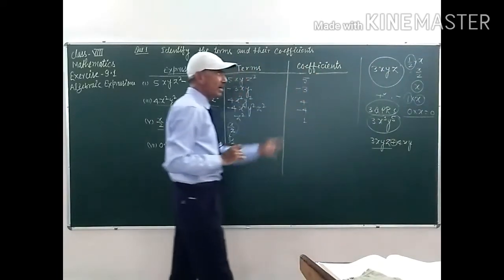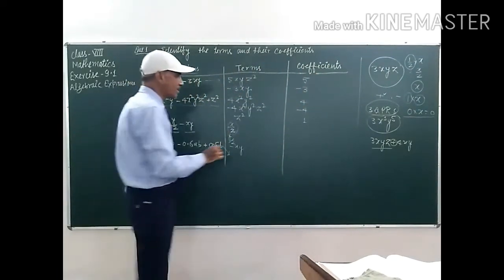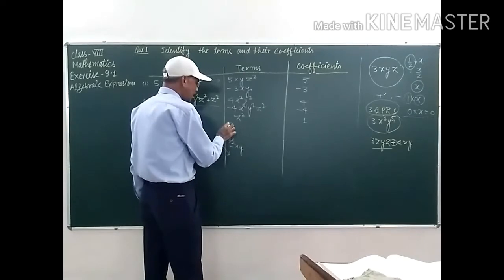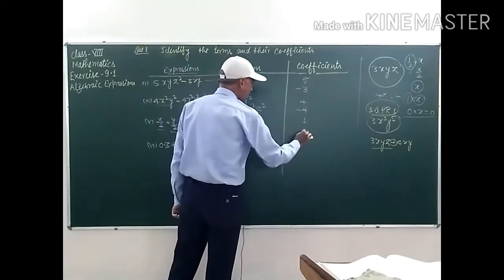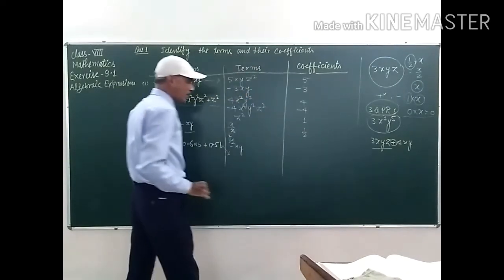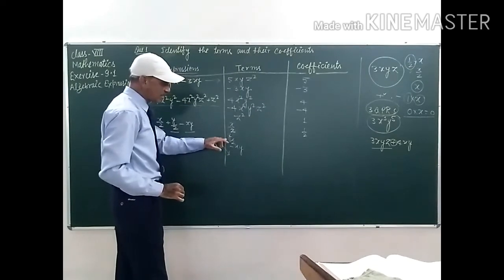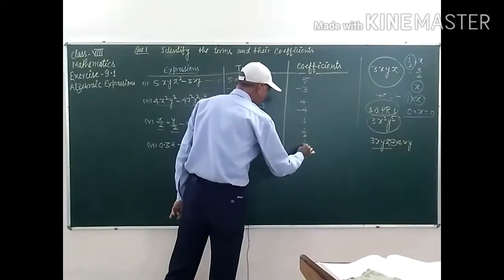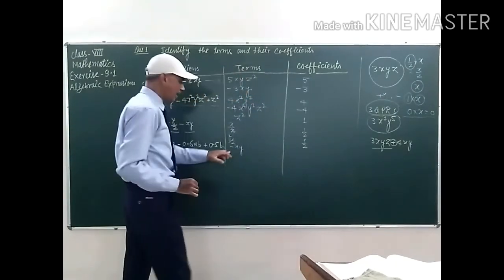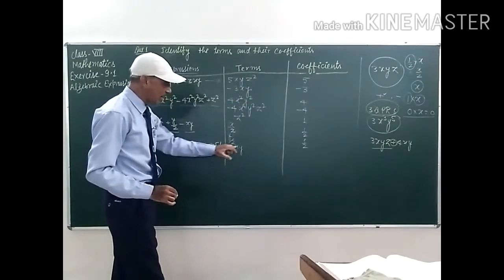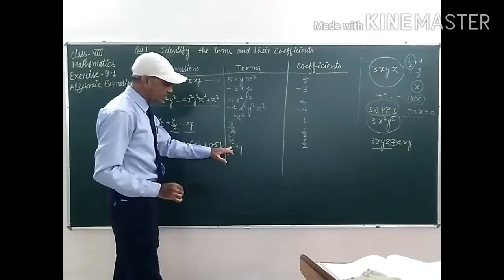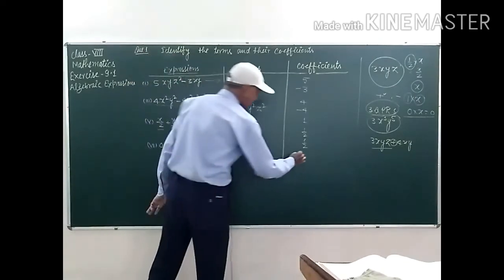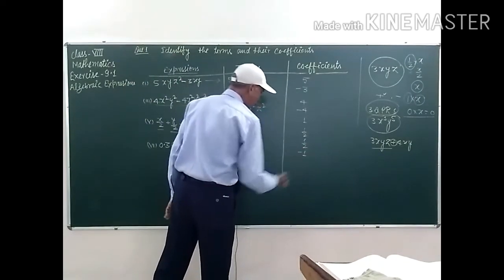The coefficient of this term is 1 by 2 here. Okay, and the coefficient of the second term, y by 2, is also 1 by 2, and minus xy, it means here minus, so the coefficient will be minus 1 here.